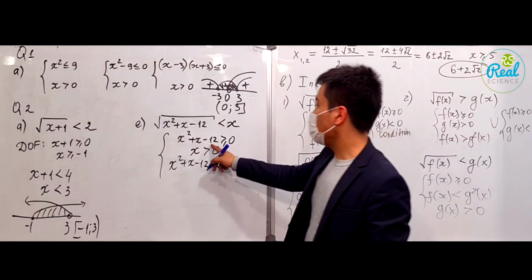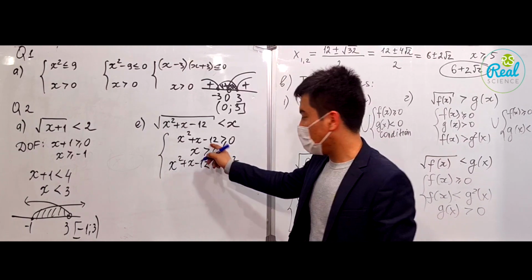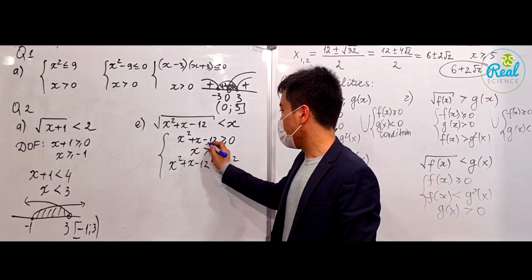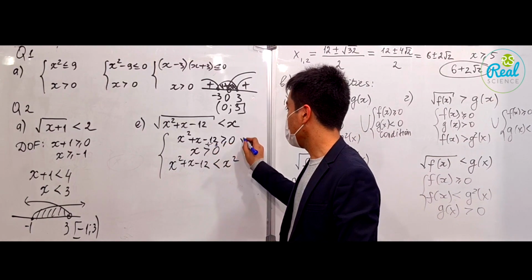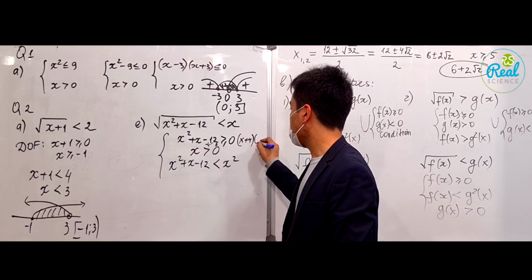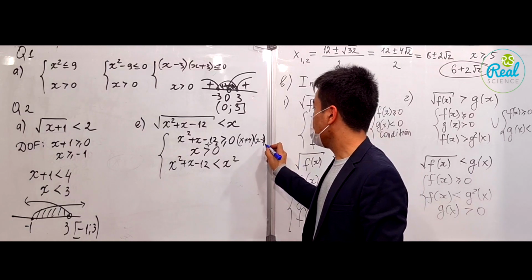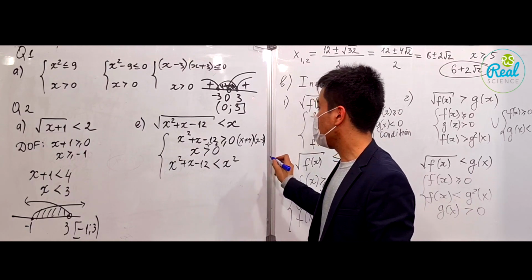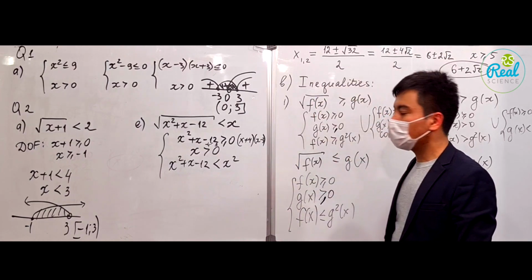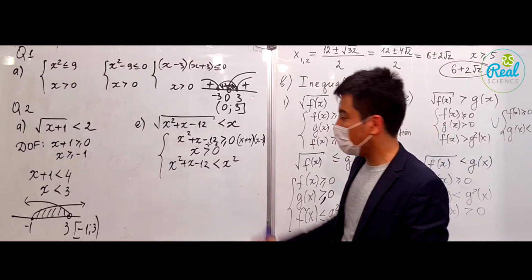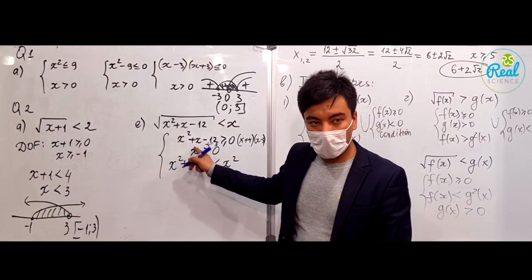So now we have to solve this one. When we solve this one, according to the theorem of Vieta, it's going to be minus 4 and 3. x plus 4, x minus 3. Yeah? Greater than? You can subtract x squared, x. I'm not talking about this one now. I'm talking about this one. Okay?